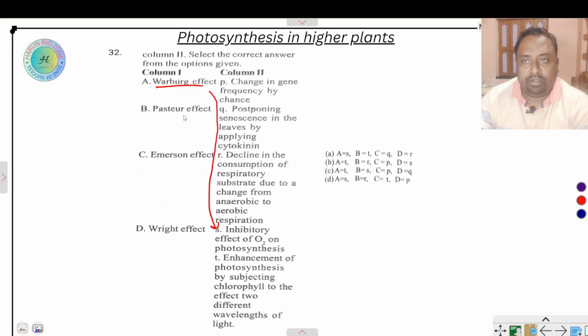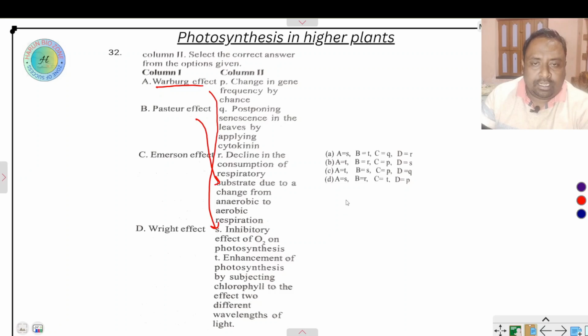Pasteur effect. Pasteur effect means it inhibits carbohydrate breakdown: a decline in the consumption of respiratory substrate due to a change from anaerobic to aerobic respiration. This is called the Pasteur effect. What do we actually want to say?